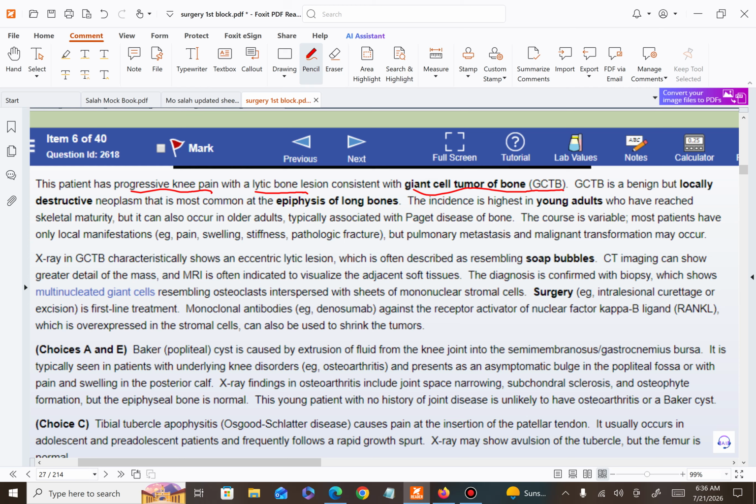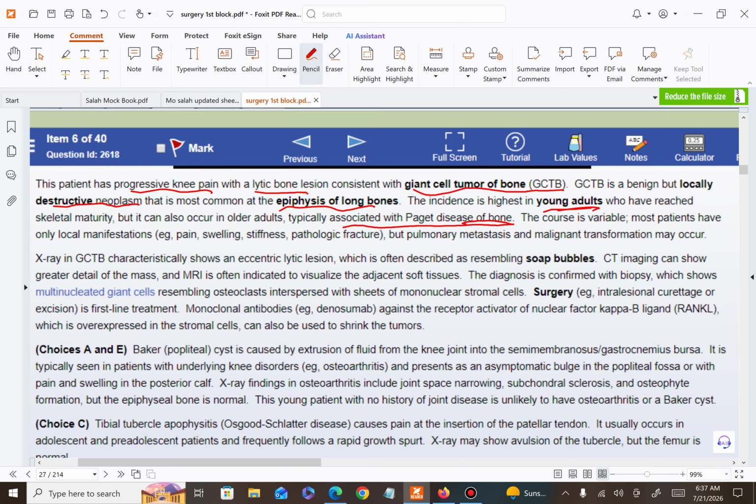Giant cell tumor of the bone is a benign but locally destructive neoplasm that is most common at the epiphysis of the long bones. The incidence is highest in young adults who have reached skeletal maturity, but it can also occur in older adults, typically associated with Paget disease of the bone. The course is variable.